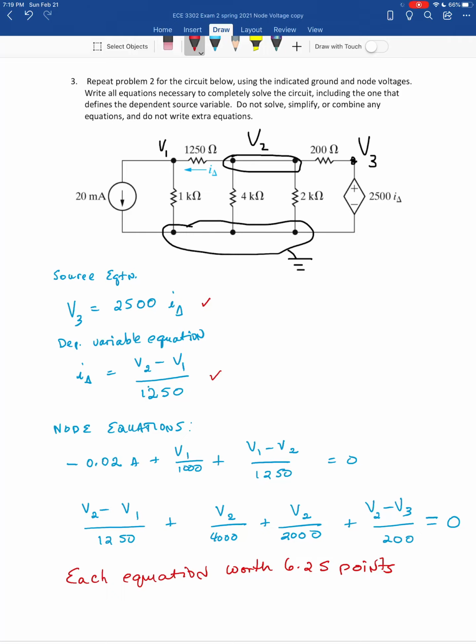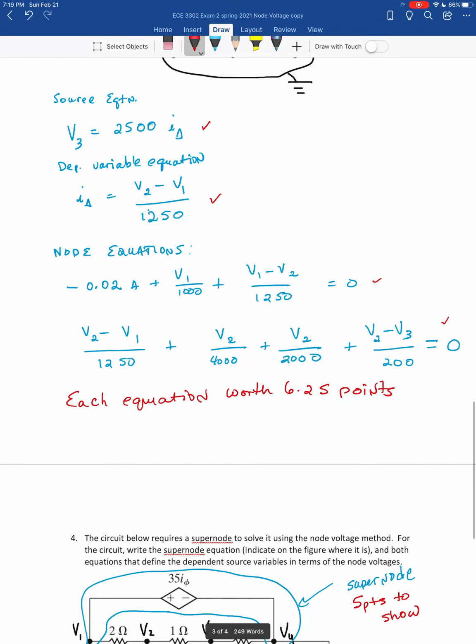So you need one of each of these, and then you need 2 node equations, one at V1 and one at V2. And so each equation here was worth 6.25 points. If you substituted V3 in directly, we counted that okay as well.